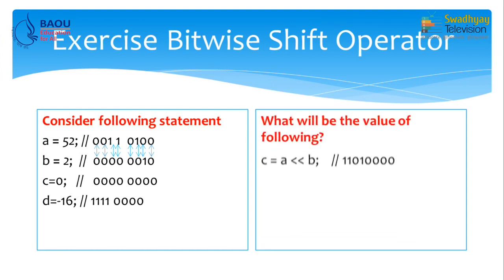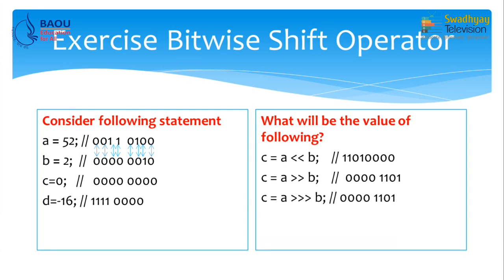Now, we want to shift right the bits of A by 2 digits. You can see the result on screen. This will again shift all bits to the right by 2 positions. So, the result is shown on screen, and we have the last operator.